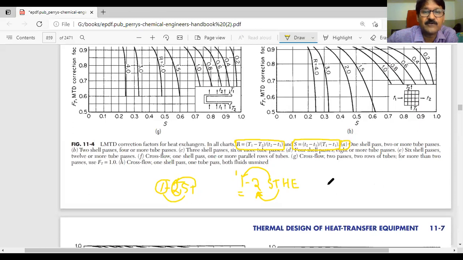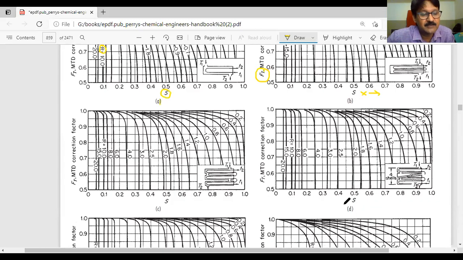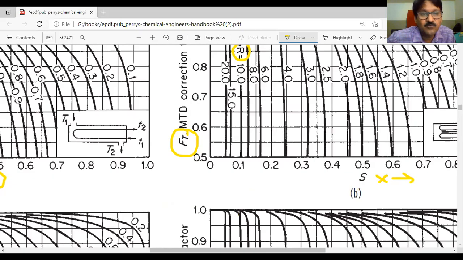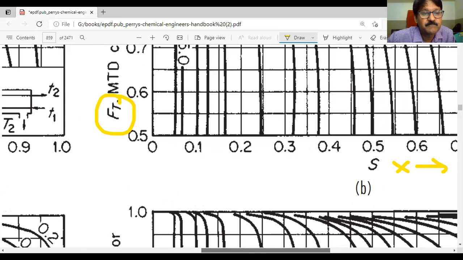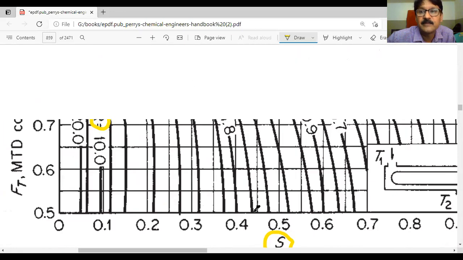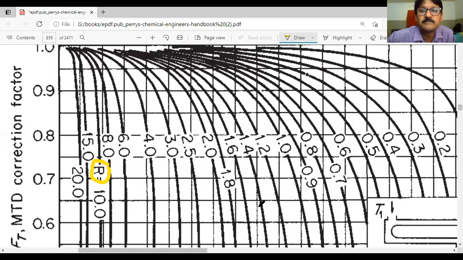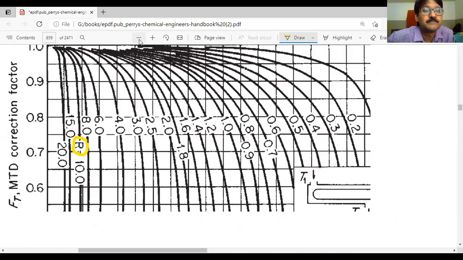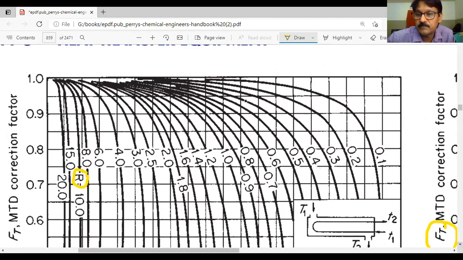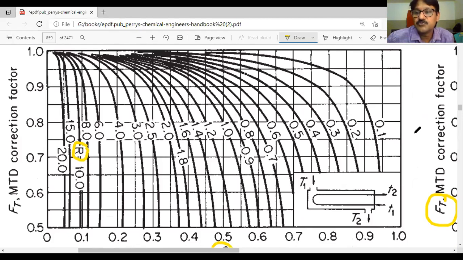Okay, so come to A now. I'll make it big. Zoom. Look at only A now. Can you see now? So what is the S value?